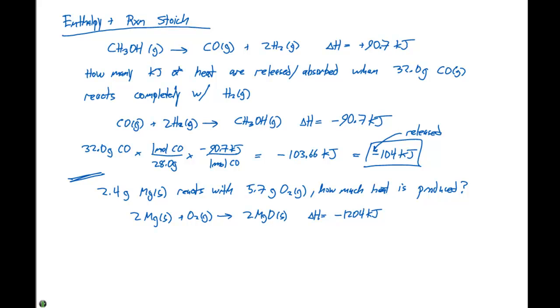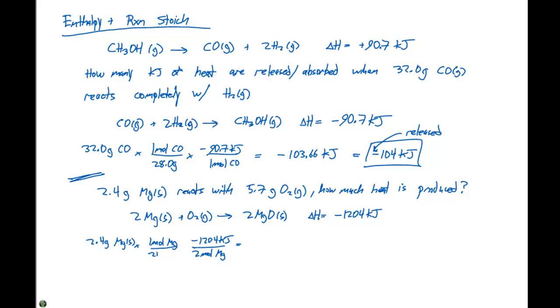The thing that we have to look at now is this problem in terms of a limiting reactant. So if we have 2.4 grams of magnesium, and we use our conversion factors, 1 mole of magnesium is 24.3 grams. And we know that for every 2 moles of magnesium, we're going to get negative 1204 kilojoules of energy.